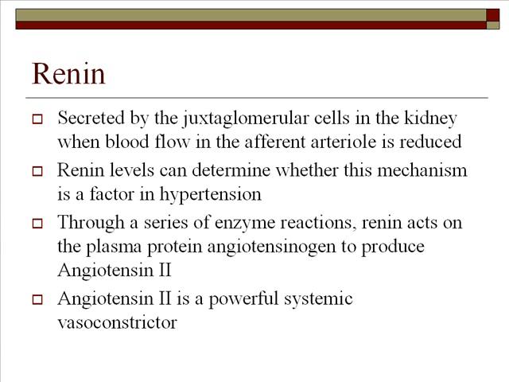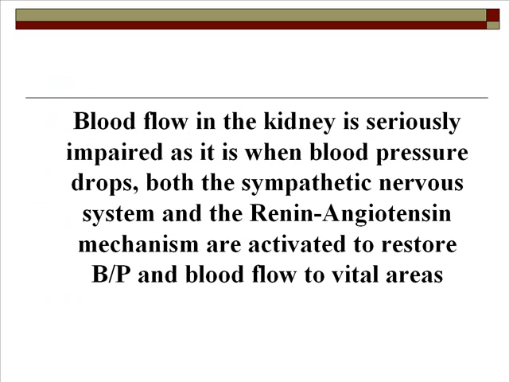Renin acts on a plasma protein angiotensin and produces angiotensin II. Angiotensin II is a very powerful systemic vasoconstrictor. So again, this is an automatic response that you'll see take place in the kidneys that will help in the physiologic functioning of the kidneys.